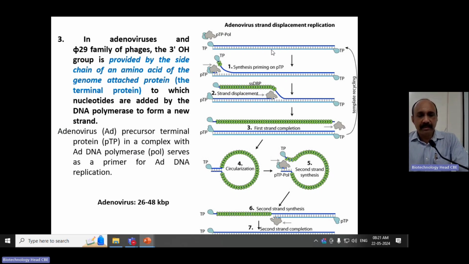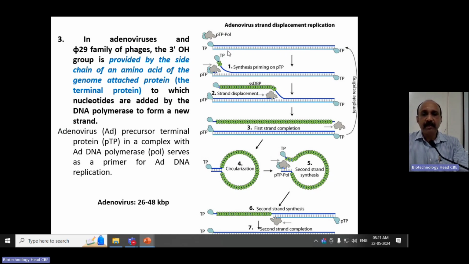So again, coming back to this, in all these replication processes, because these are DNA viruses or RNA viruses, we need to separate the strands. Instead of forming a replication fork in this DNA, you have the single-stranded DNA or single-stranded RNA in the viruses.